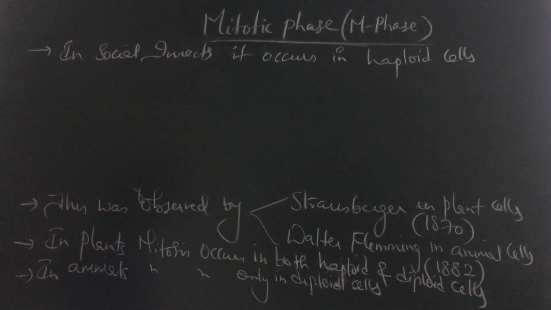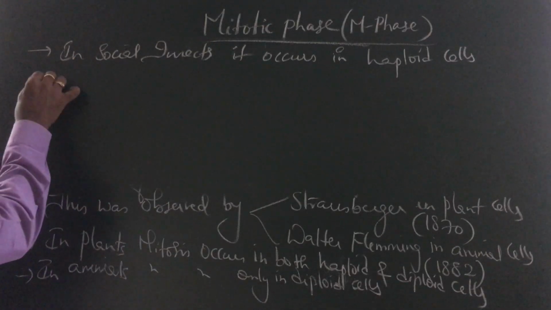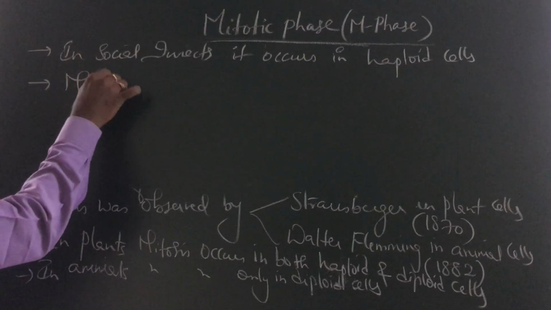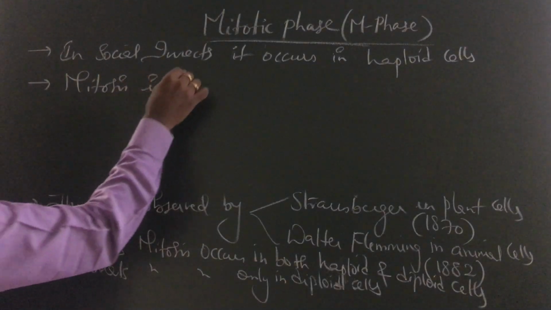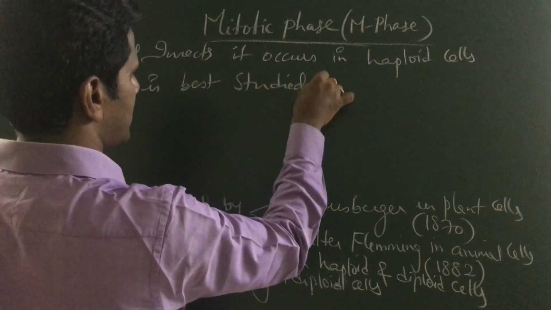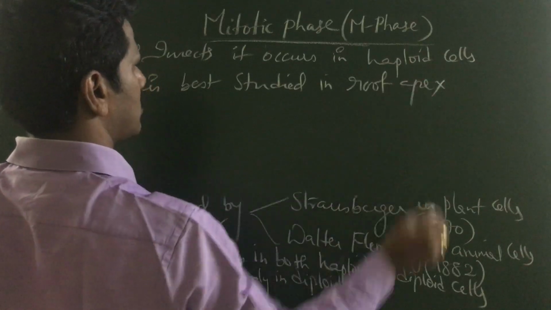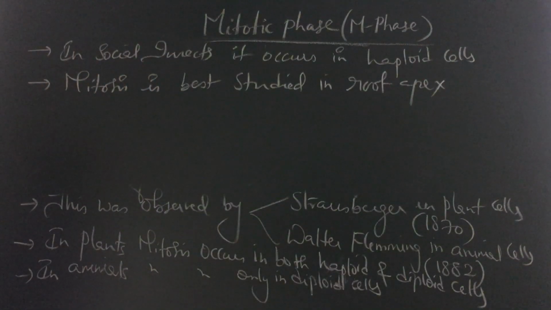Mitosis can be best studied in the root apex. In the root apex, we have meristematic cells, rapidly growing meristematic cells.